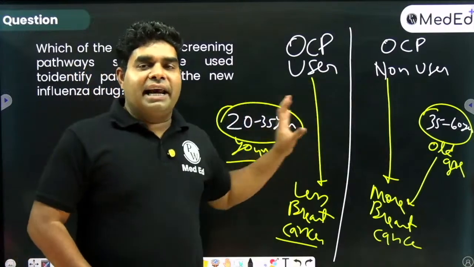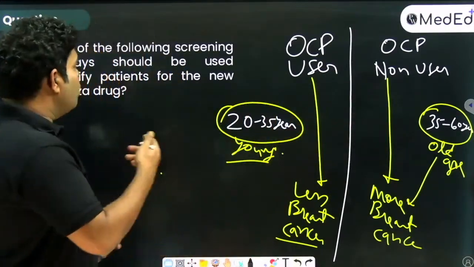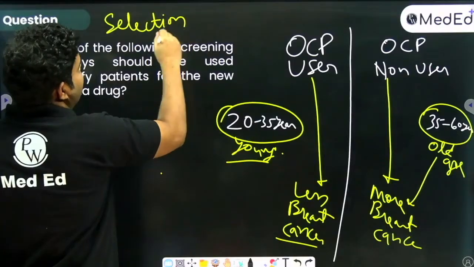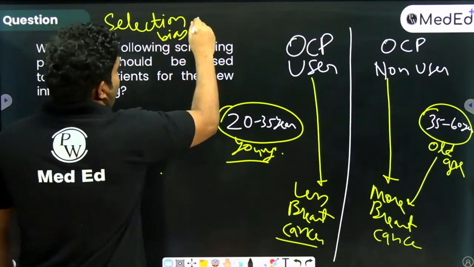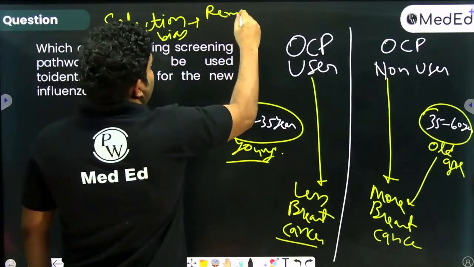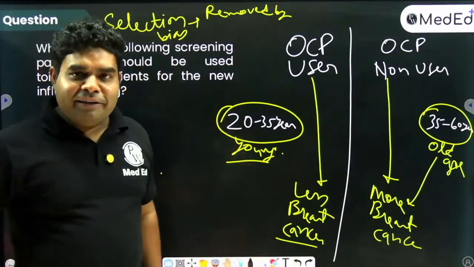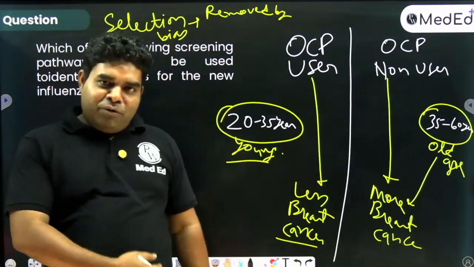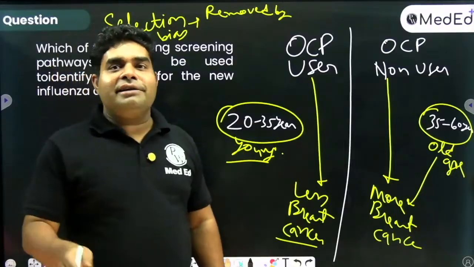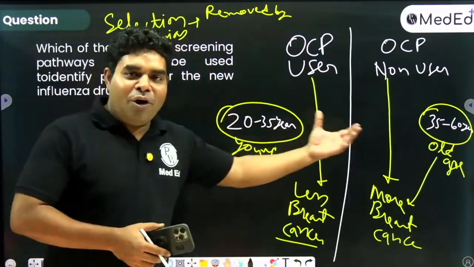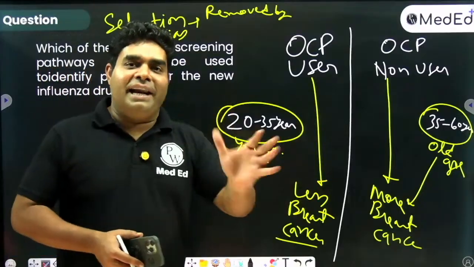Selecting wrongly, selection bias. And how can you remove selection bias? If you want to remove selection bias, the best method is don't select anyone. Like, if I want to lose weight, the best method is don't eat.